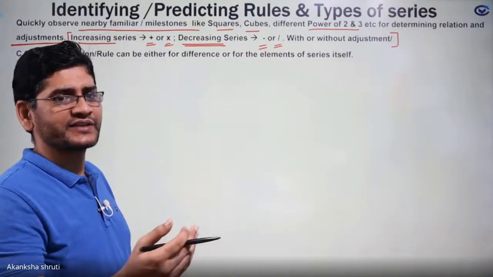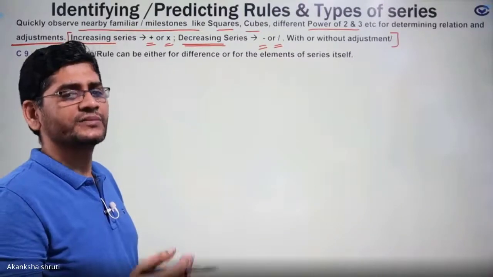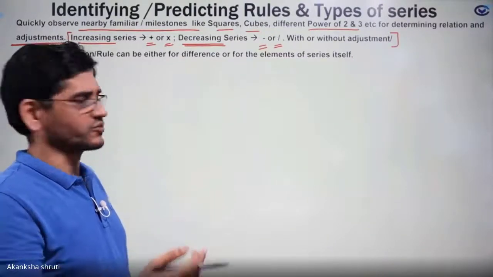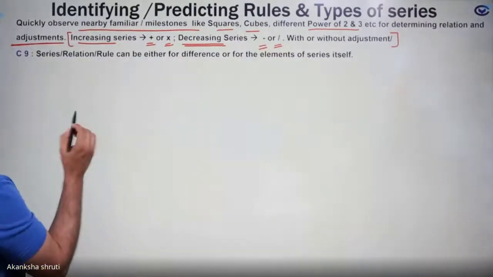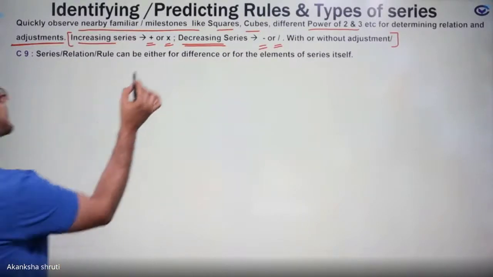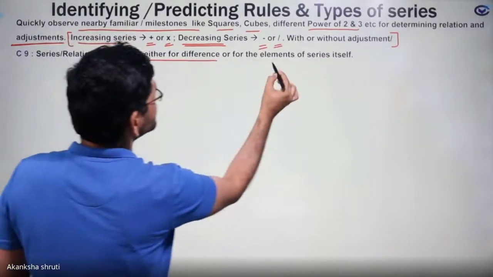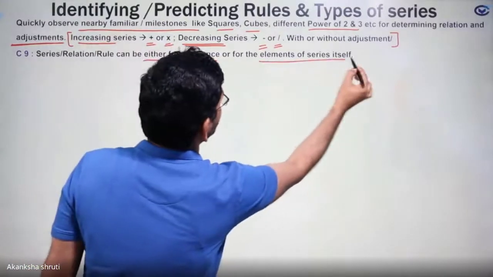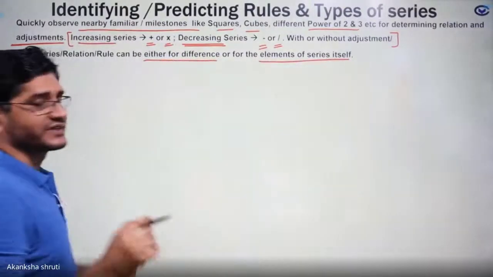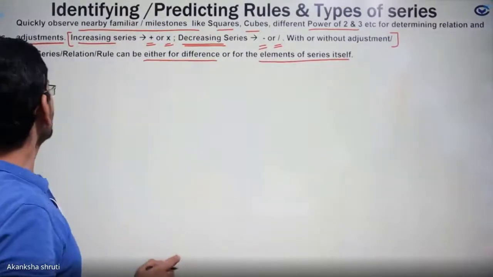At that time the difference may not be constant. Or one term is the square of another plus 2. So this rule or relation can be either for their difference or with the elements or terms of the series directly.